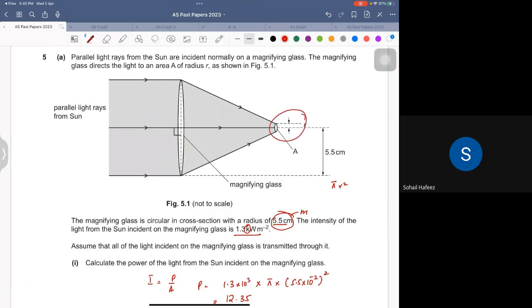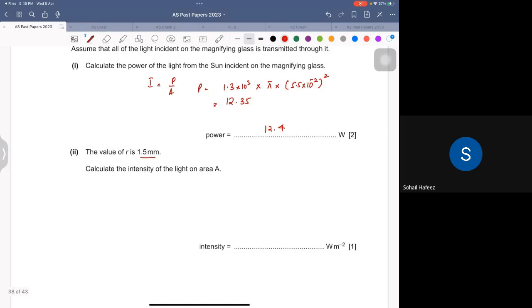Oh, this R. Interesting. So what to do now? You have the same power, so you can use intensity as power over area. We want to find the intensity. Power will remain the same.